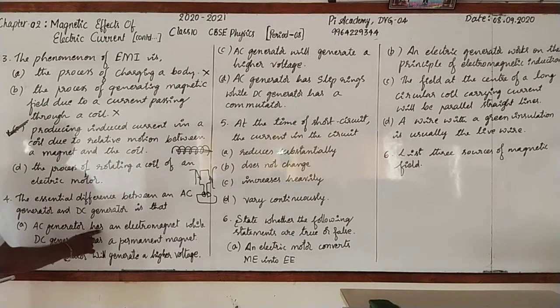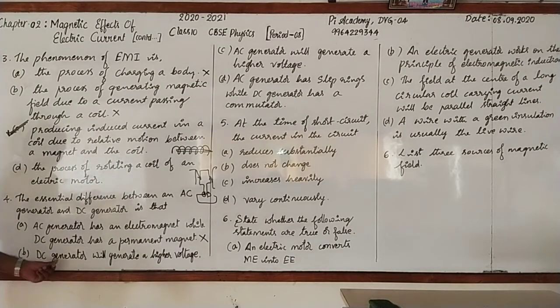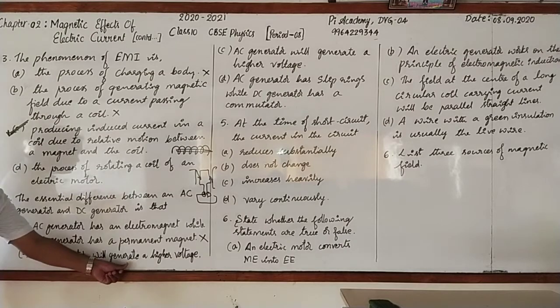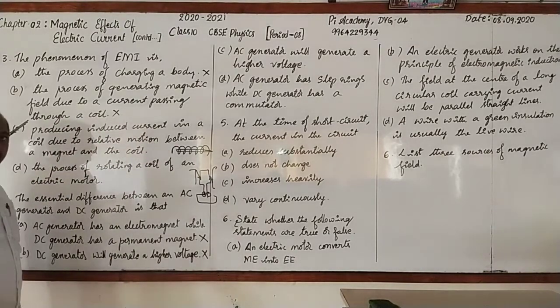AC generator has an electromagnet, while DC generator has a permanent magnet. Of course, we go for using a magnet, but not specifically an electromagnet or a permanent magnet. So it won't come. Then, DC generator will generate a higher voltage. It is not possible, right?